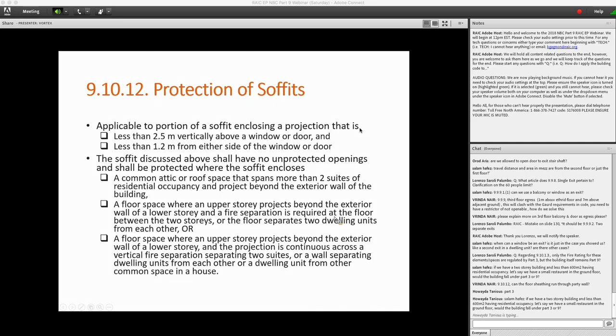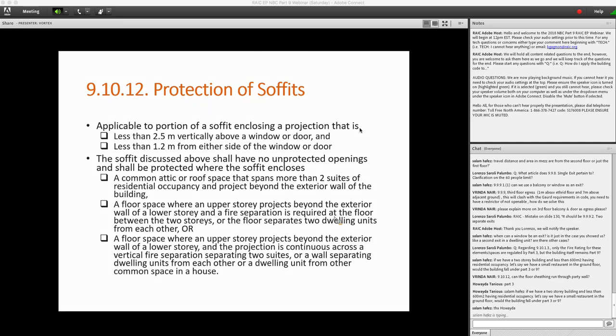Also, as an additional requirement to prevent fire spread at exterior walls and between stories, the code also addresses protection of soffits. This is not applicable to sprinklered buildings.